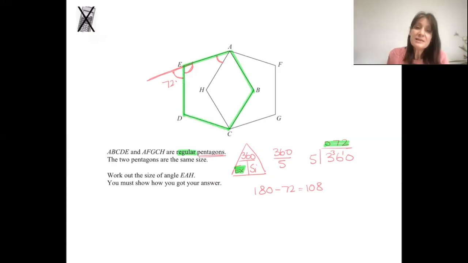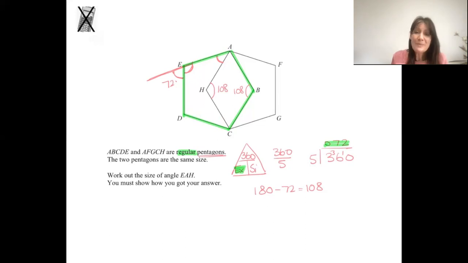Because it's regular, every single inside angle is equal. So all of these angles here are 108. So this angle here is 108. This angle here is on the second pentagon, but it is 108.